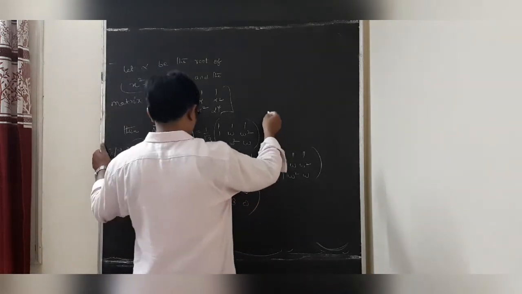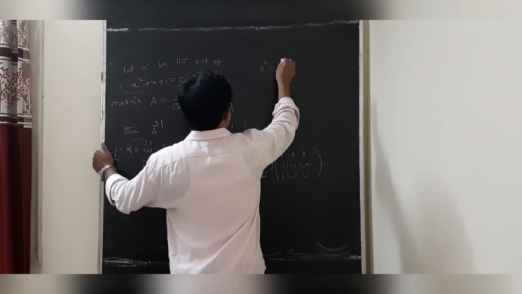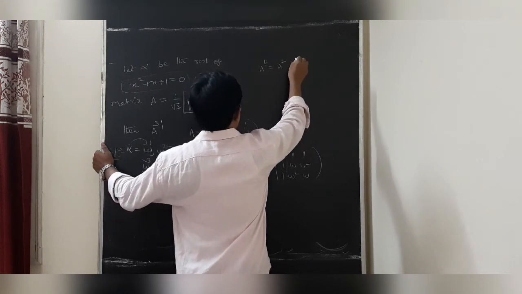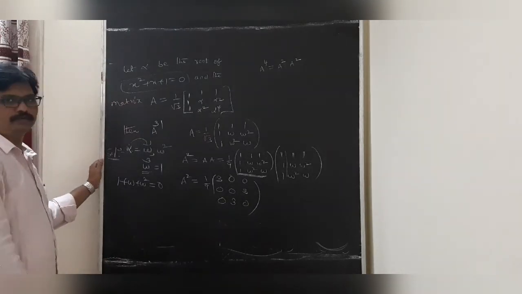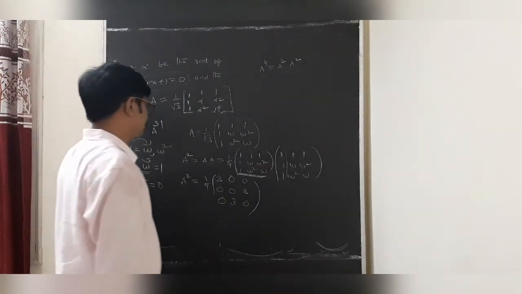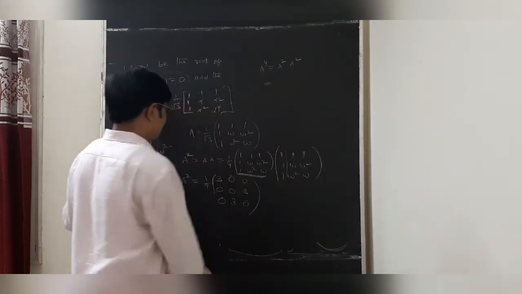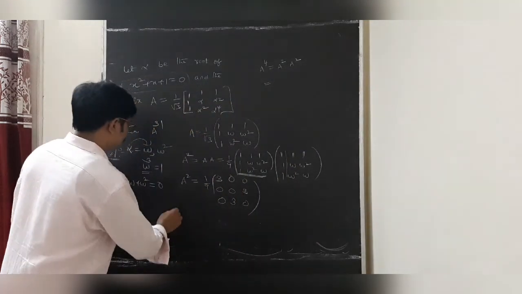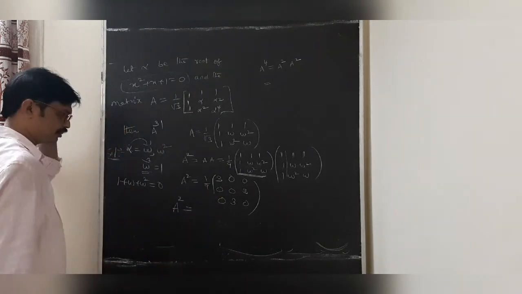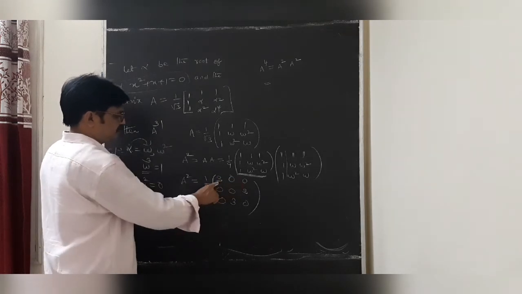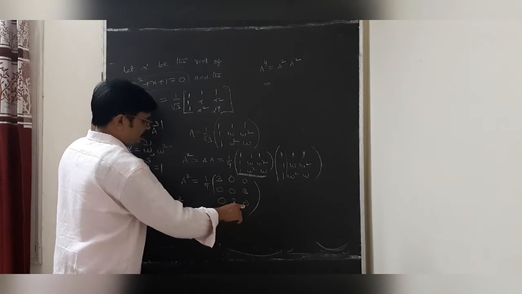Right now, students, we have to find a power 4. A power 4 can be written as a square into a square. What is the a square value? Just now we saw that the common factor in the first row is 3, in the second row 3, and in the third row 3.